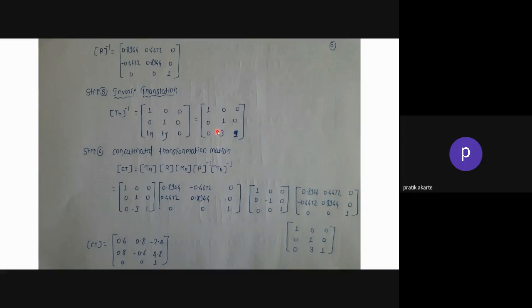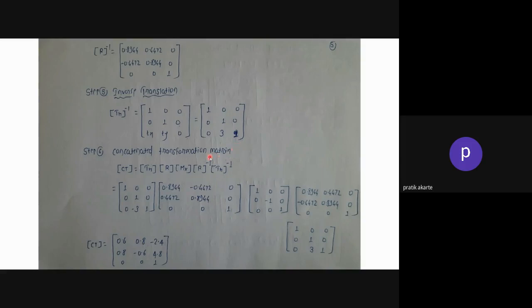Now to reposition it we will consider this as plus 3 so that the line will attain its original position. So this is the matrix: 1 0 0, 0 1 0 and 0 3 1.